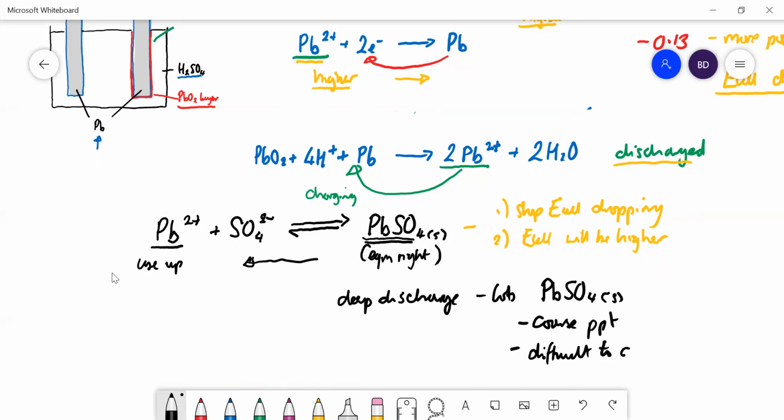And you're relying on that precipitate to dissolve during the charging up process, as we've seen. So if you run the battery down too much, it's hard to charge it up again afterwards, and it damages it.